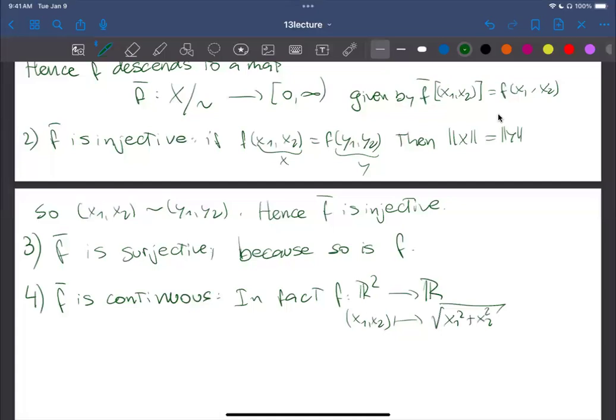This map is continuous. So it's going to be continuous when you co-restrict the codomain to zero to infinity within this topology, and we're done. So let's say we know this from analysis.